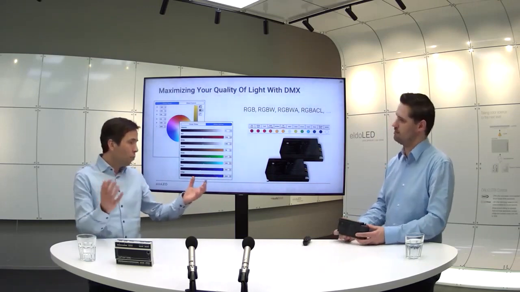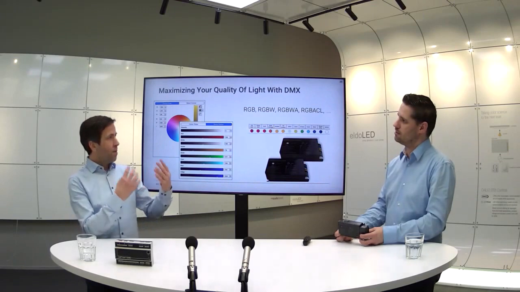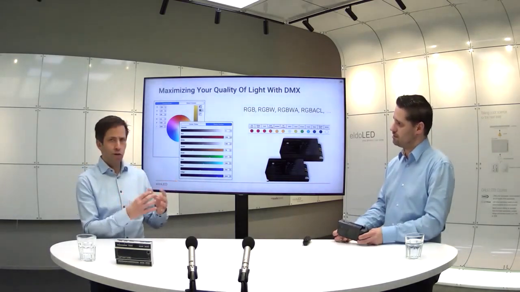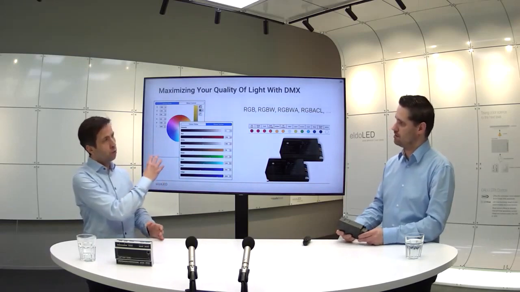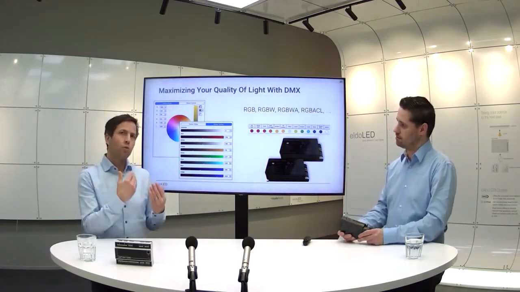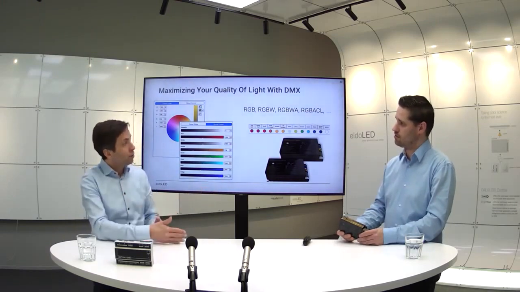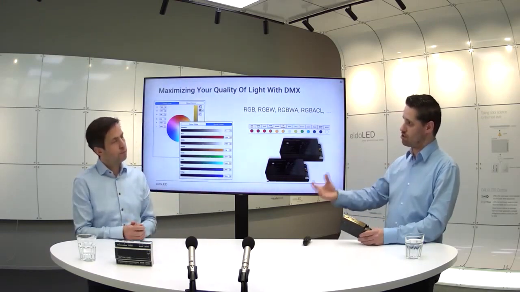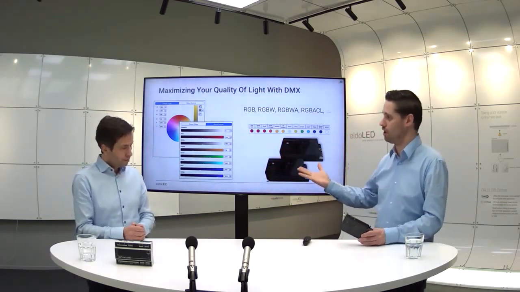Indigo, amber, lime, whatever colors you want. And within the controller, we can make a fixture profile, as it's called, and make sure that that fixture can just be controlled from the color picker. And we send the relevant DMX values on all the relevant channels. And there, your drivers know how to control the LEDs. So in that fixture profile, we tell the controller which colors actually exist in my luminaire.